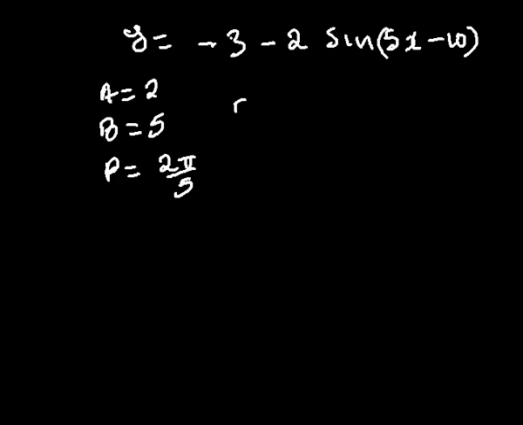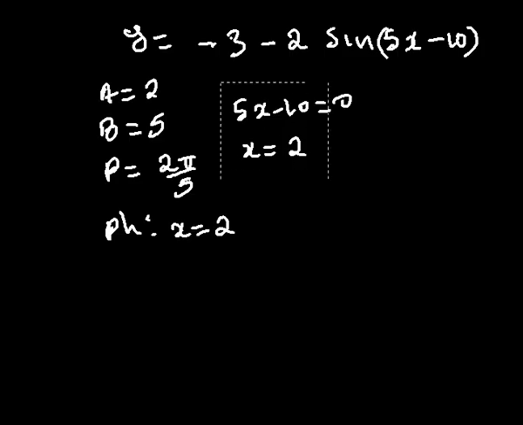That will be given as 5x minus 10 is equal to 0, and x will be 2. So the value of x is 2. That is the phase shift. So the phase shift is given as x is equal to 2. That's where the graph is starting from.